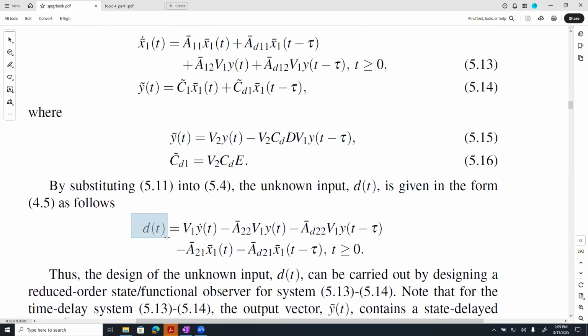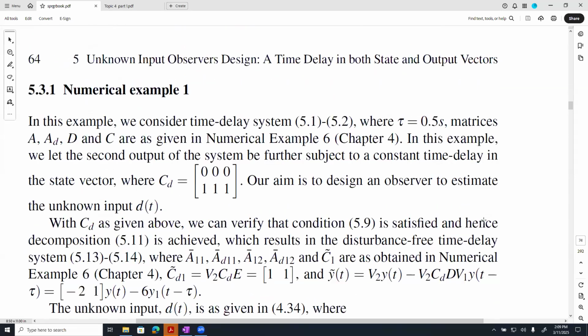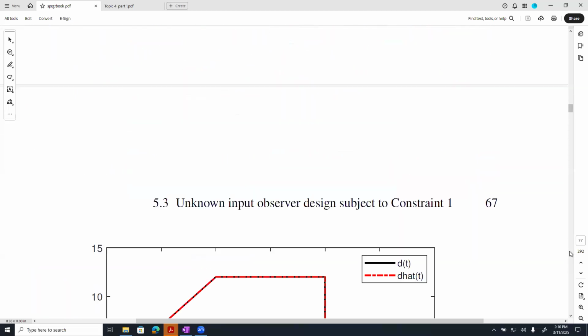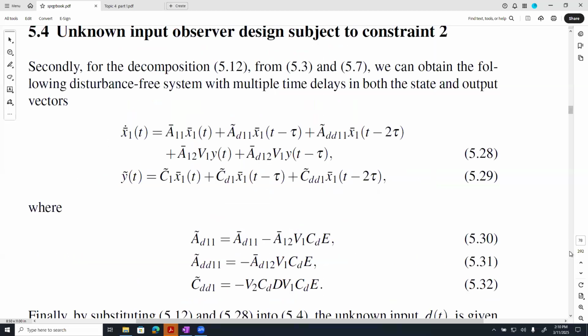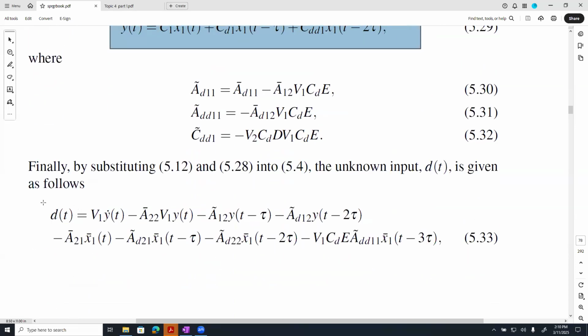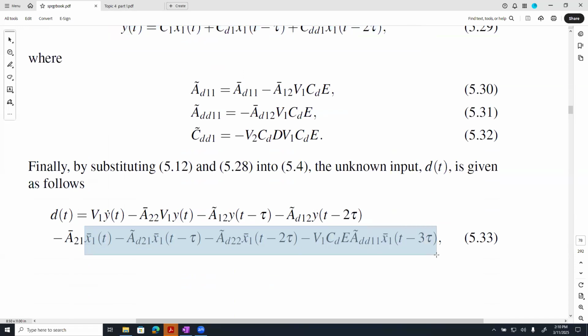When we look at the decomposition of the unknown input, it's a combination of x bar 1 (t) and x bar 1 (t minus tau). Also, as the constraint is relaxed, for example, we will come across a situation where, wow, look at that decomposition. We're going to get a reduced order time delay system with multiple delay terms in there. As well as the unknown input itself is a combination of generalized functionals. This is a generalized functional.